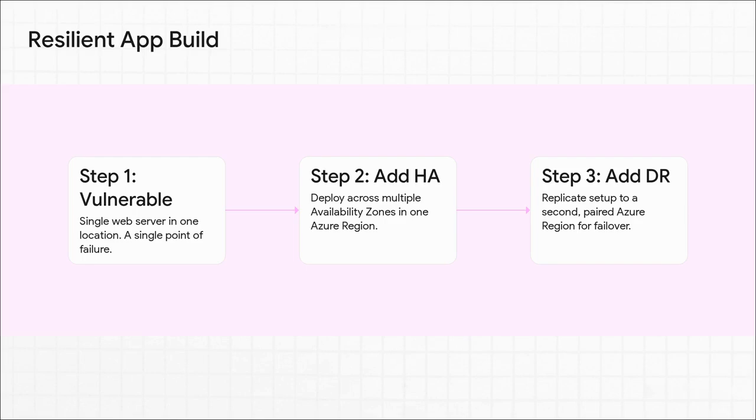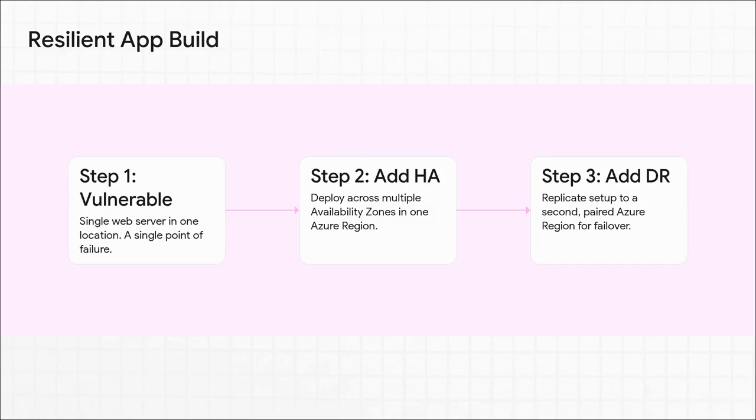So, for step 2, we introduce high availability. We do this by deploying our app across multiple availability zones within one Azure region. Think of these as physically separate data centers with their own power and cooling. Now, if one zone goes down, a service like Azure Load Balancer just automatically sends traffic to the healthy instances in the other zones.